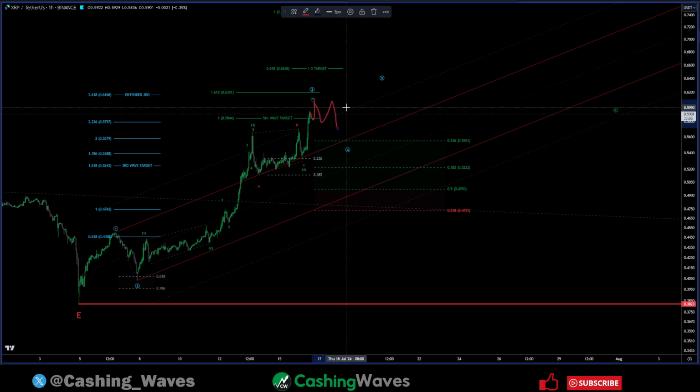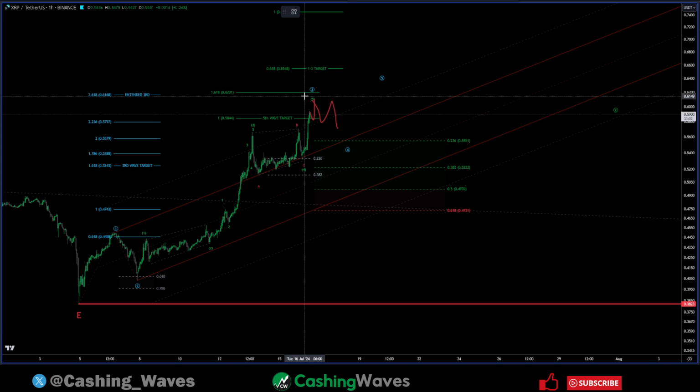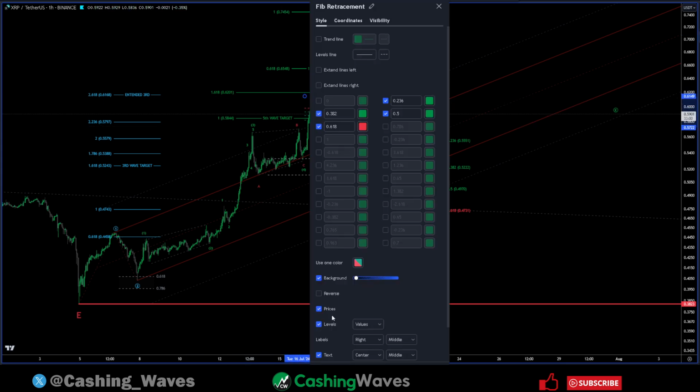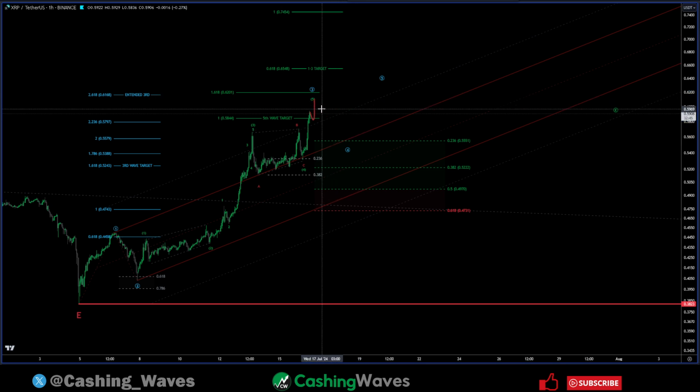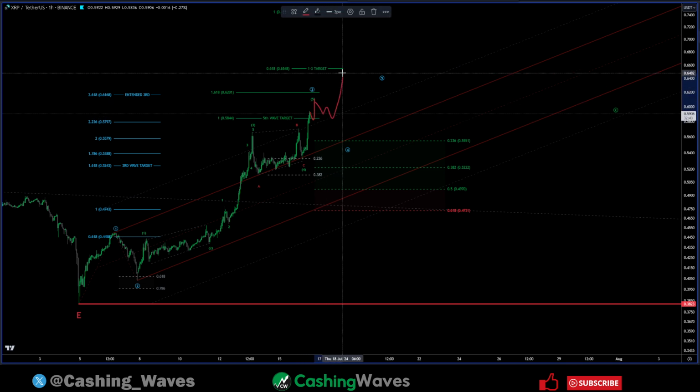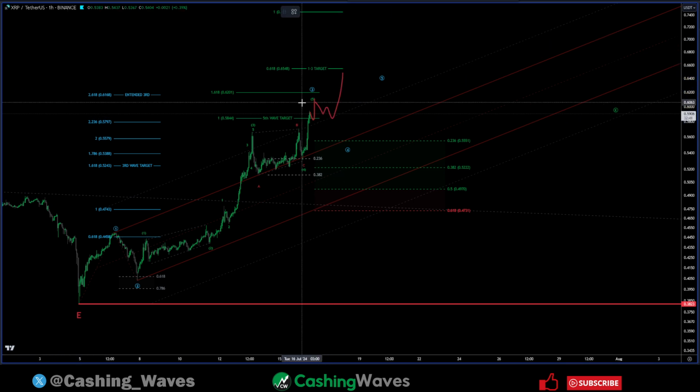I know this can also make a running flat. Once that is complete, I'll discuss this more if this happens, but we can put our B and X zone. So if we're expecting this to perhaps come down like this and make an expanded flat, but we get something sideways and we start breaking out, right? We just start breaking out.